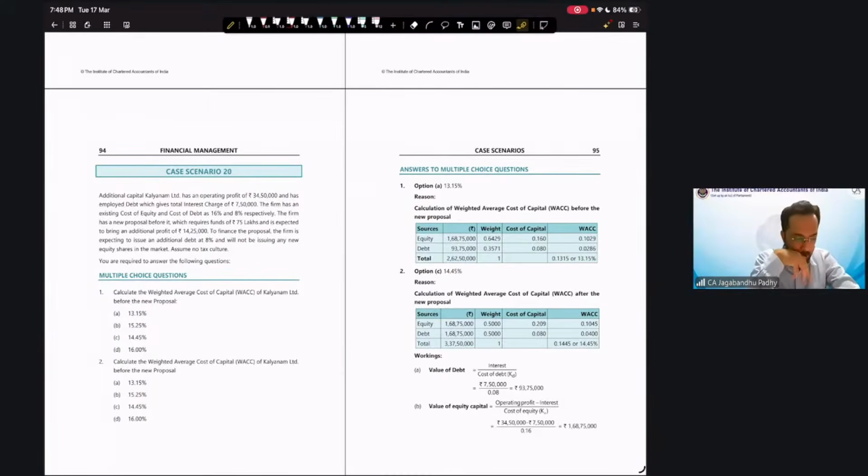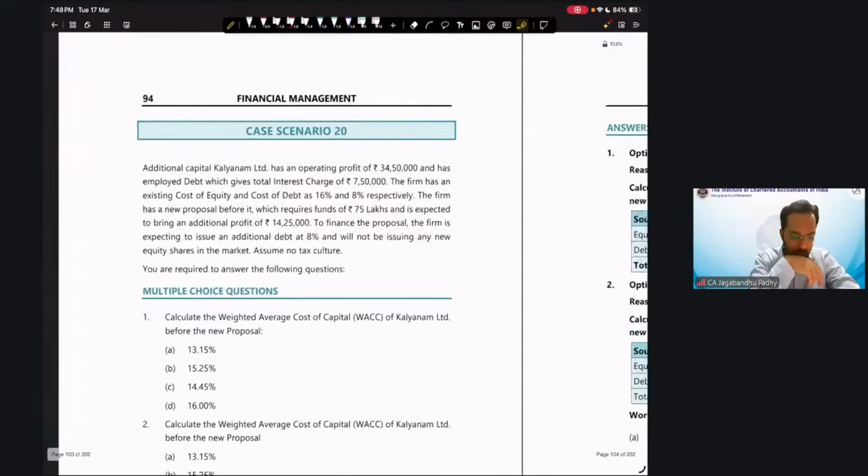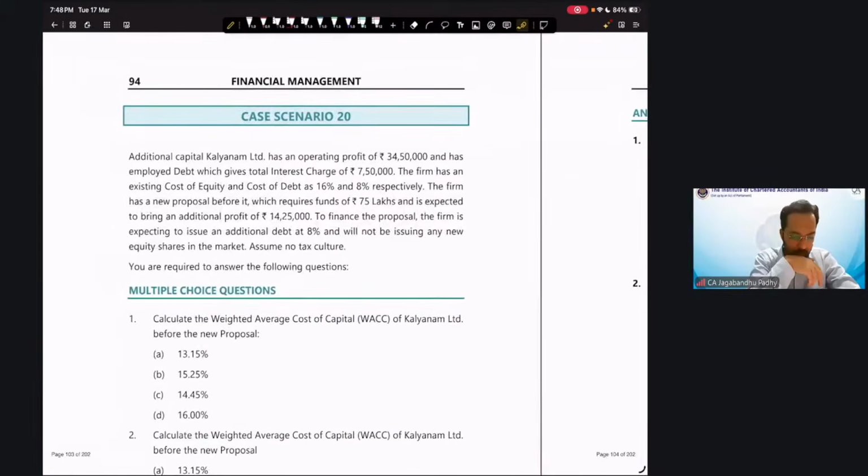And also the debt, and then we take a weighted average of it. So we need to first get the value of equity capital. Now, for that purpose, since we have this profit of 34 lakh 50,000 and interest charge of 7 lakh 50,000, so 34.5 minus 7.5, that's going to be 27.